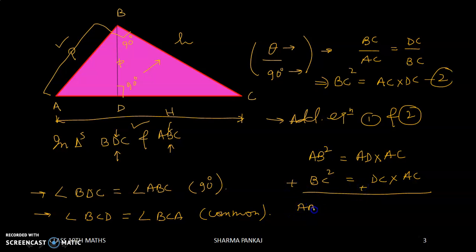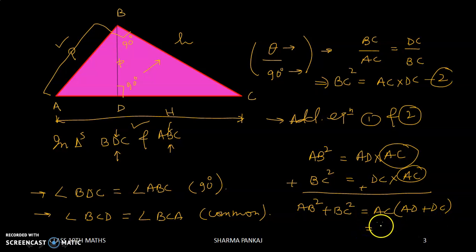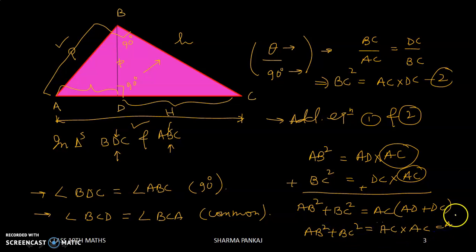This is AB square plus BC square is equal to, look, AC is common to both, so take AC common, so it is AC multiplied by AD plus DC. See this, AD plus DC is ultimately AC. This is your AC. So AB square plus BC square is equal to AC square.